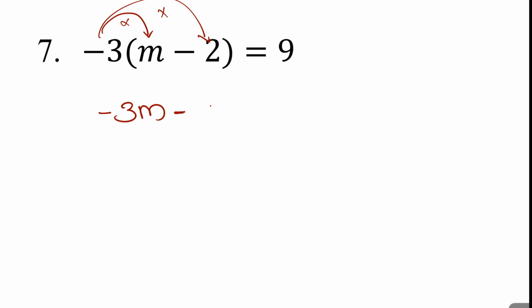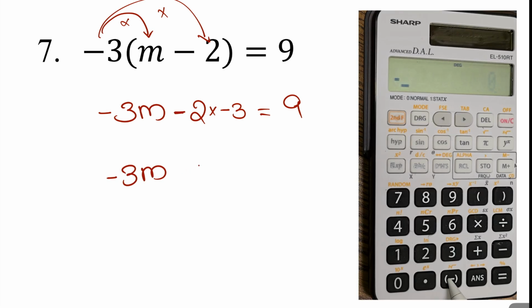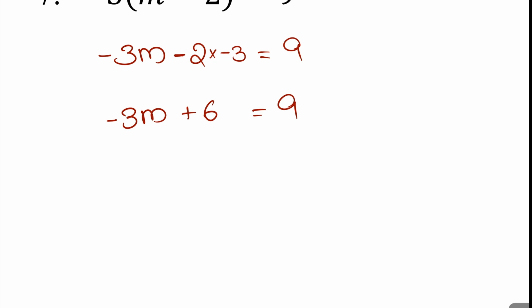Okay, negative 2 times negative 3 equal 9. So negative 3m, negative 2 times negative 3, that is positive 6 equal 9.